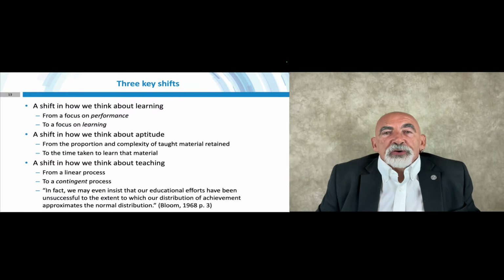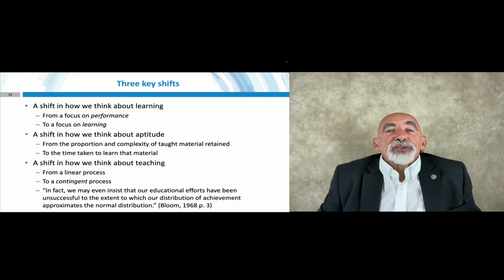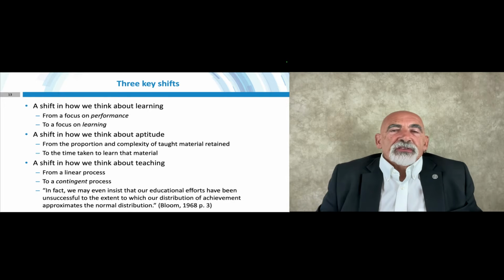He said, a normal distribution of achievement is a sign of educational failure, because the bell curve, the normal distribution, is what nature gives us. If we treat all students the same, we will get the bell curve, because students differ in their ability to make sense on the first hearing of the teaching that they've received. Our job as teachers is to destroy the bell curve, to give the students who need more time, to make sure they get that more time.